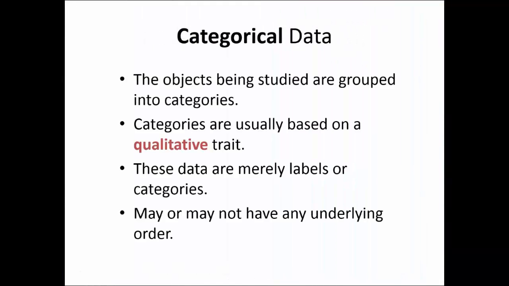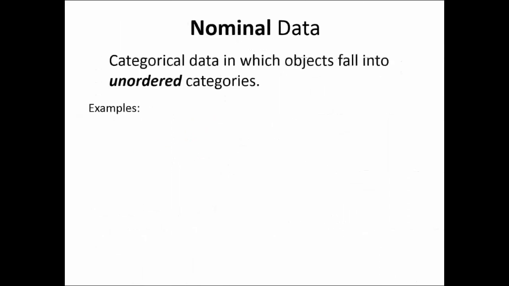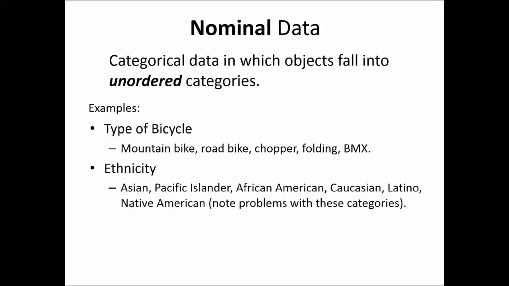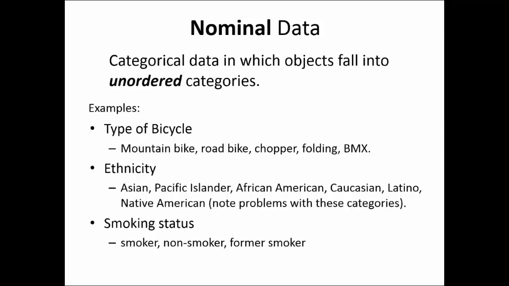So categorical data is something where it's grouped into categories. These categories are just labels. It could or could not have some kind of underlying structure. If it's an unordered category, like types of bicycles, types of newspapers, things like ethnicity, which is a really, really messy variable, but we need it in almost everything, it falls into unordered categories.